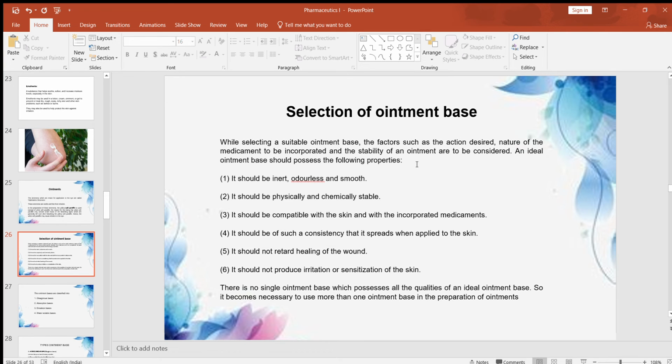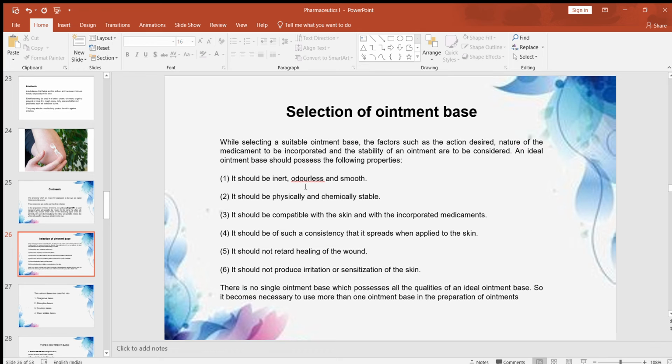The ointment base which we are taking should be inert, meaning it should not interact with the skin, and it should not interact with the drug. The base in which we are mixing the drug should be such that in the presence of that base your drug should remain stable. That is possible only if the base stays inert. So there should not be any reaction between your ointment base and the drug. And how can this be achieved? If your ointment base is inert, inactive with respect to chemical reaction.